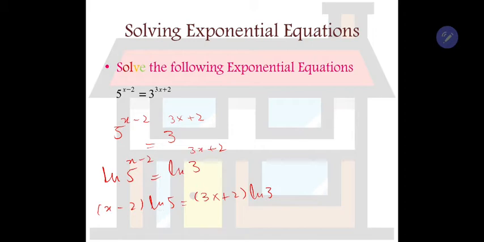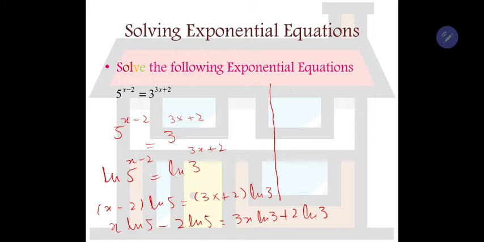All you need to do now is expand the brackets, so that would become x log 5 minus 2 log 5 equals x log 3 plus 2 log 3. I'm going to continue with this question on this part.